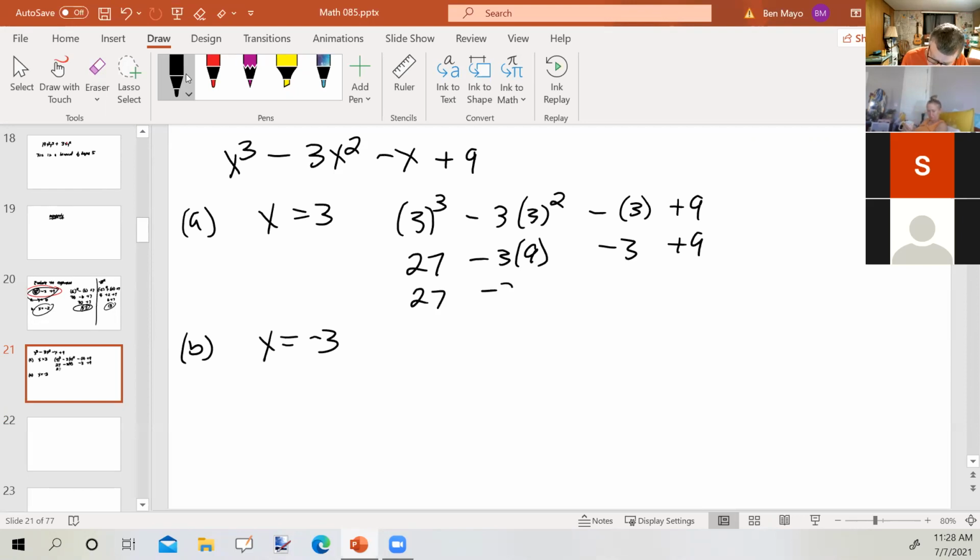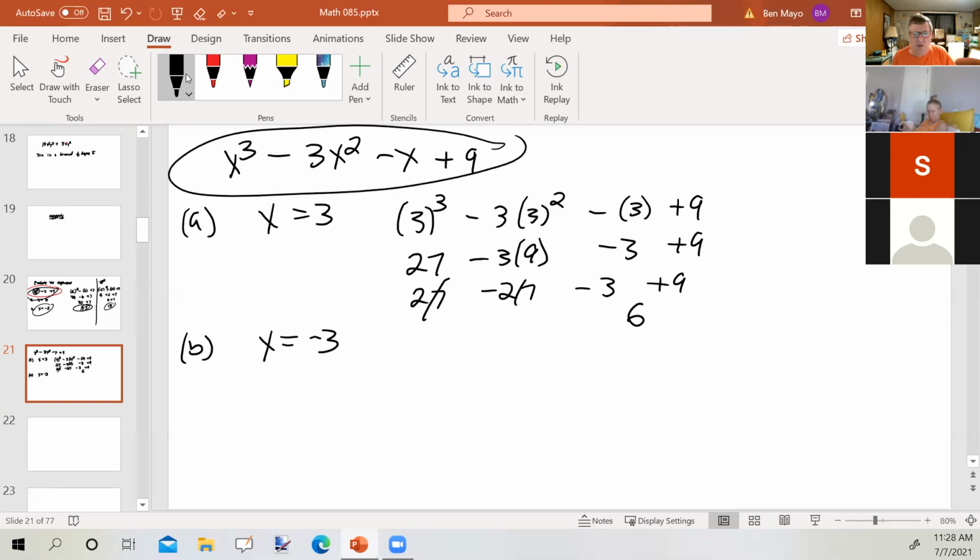We get 27 minus 27 minus 3 plus 9. 27 minus 27 is 0. 0 minus 3 is negative 3, and negative 3 plus 9 is what? 6. So the value of this expression when x is 3 is 6. Okay.